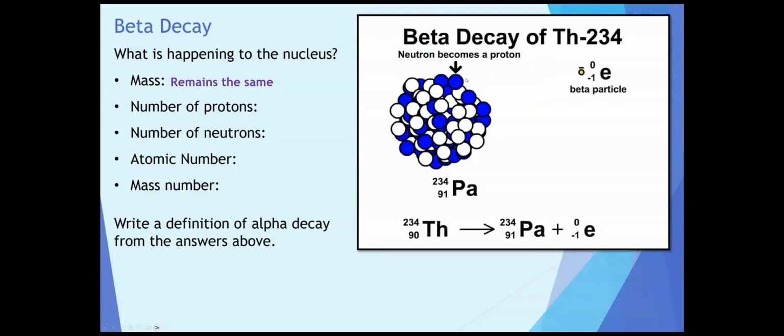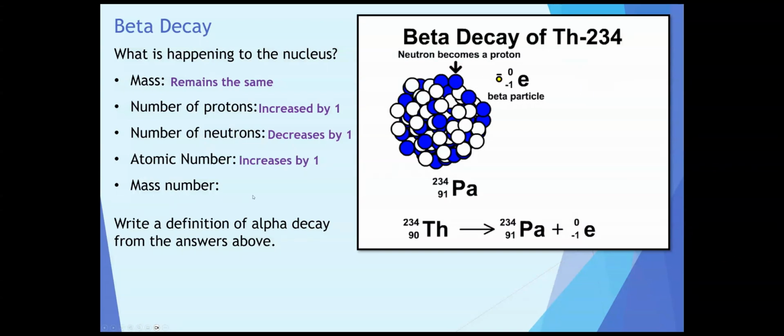The number of protons must increase because we've said a neutron turns into a proton. And then because a neutron turns into a proton, the number of neutrons will go down. Now, the atomic number is simply the number of protons. So because we're gaining an extra proton, it must increase by 1.